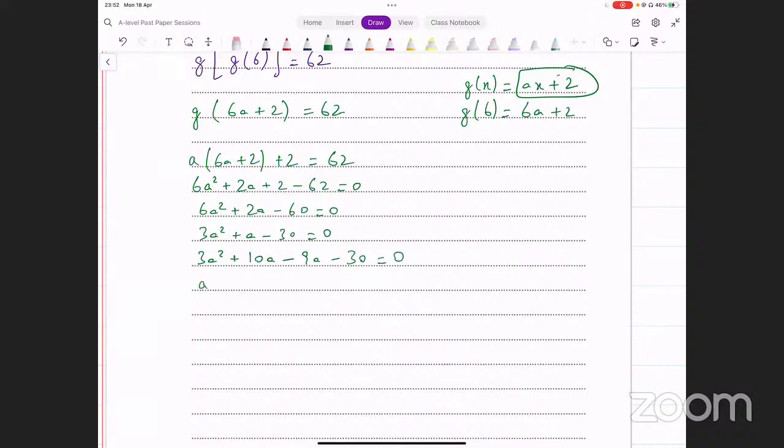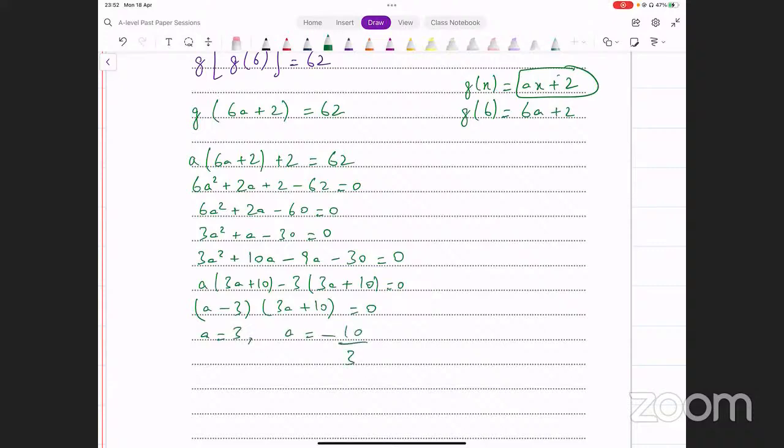Let's do the factorization. We have a into 3a plus 10 here minus 3 into 3a plus 10. And we get two factors, a minus 3 and 3a plus 10. A equals 3 or a equals minus 10 over 3.